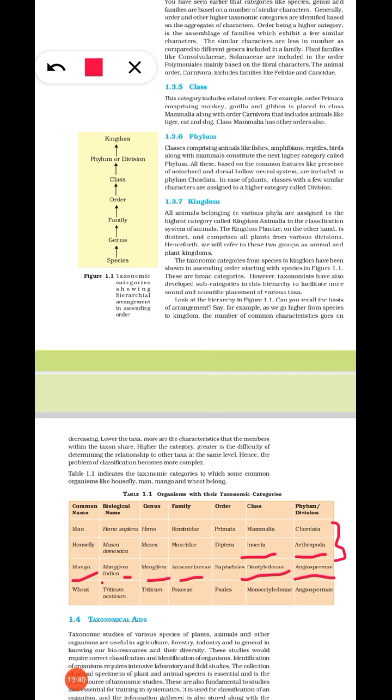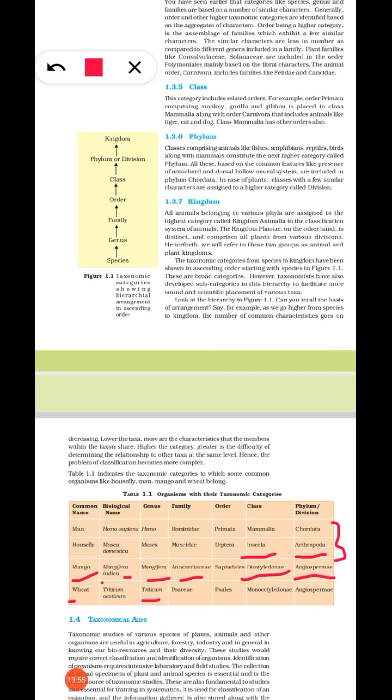Then next, wheat. The biological name of wheat is Triticum aestivum. Then the genus will be Triticum, isn't it? And the family is Poaceae. Order Poales.